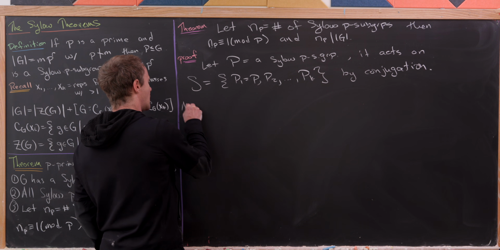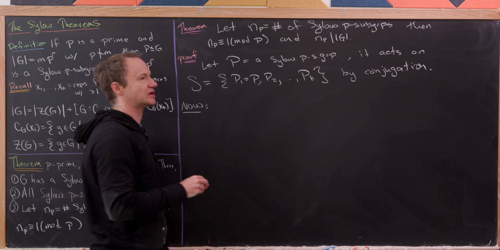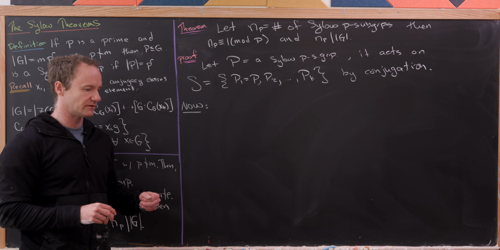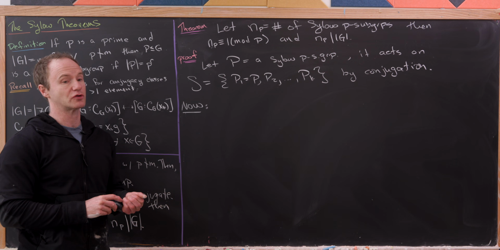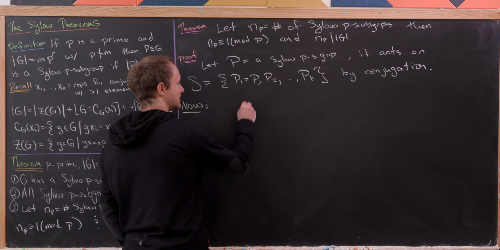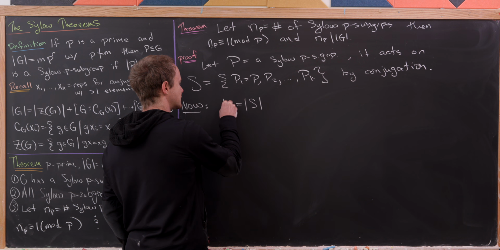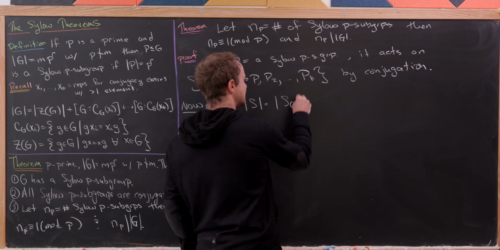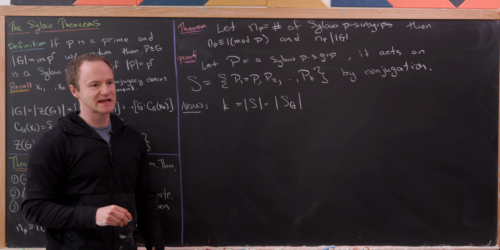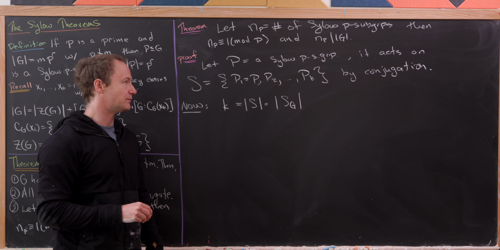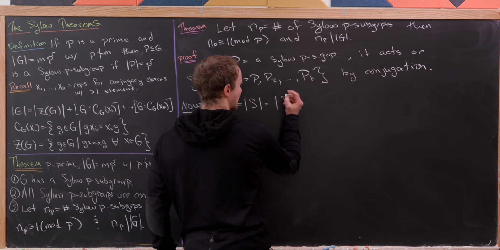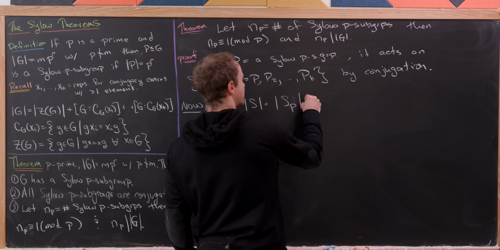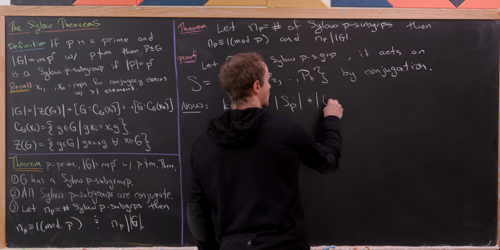And now let's recall the class equation, not in terms of groups, but in terms of groups acting on sets. And that said the following. The size of our set S, which is equal to k, is equal to the size of S sub G. Recall that's everything fixed by the elements of the group, but the group here is P, so that should be S sub P. And then plus the size of the orbits.